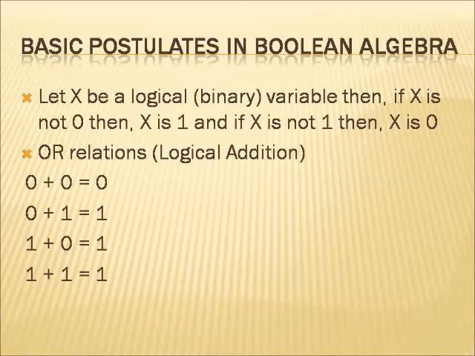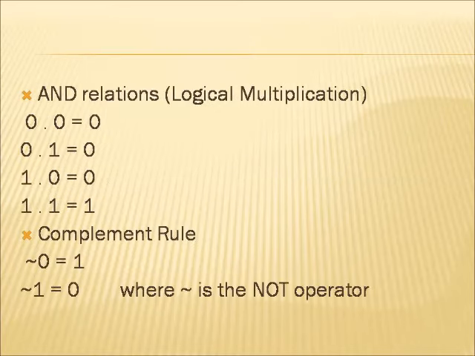Okay. In the case of logical multiplication, we have seen 0 dot 0, that is 0 and 0 is 0, 0 and 1 is equal to 0, and 1 and 0 is equal to 0, and 1 and 1 is equal to 1.